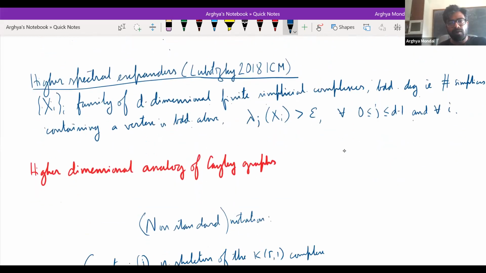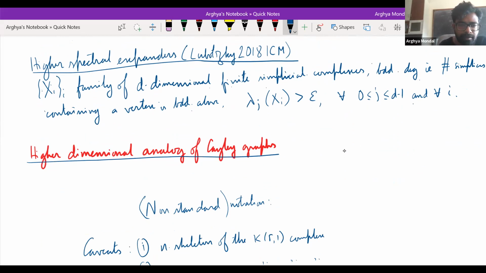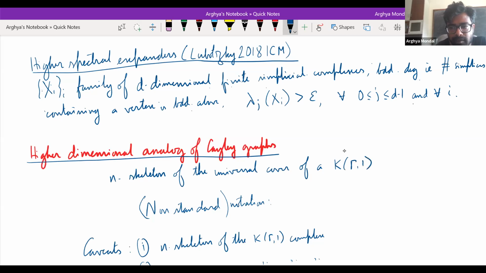And then I have to tell you what is the higher dimensional analog of Cayley graphs. So this again presents itself from the way I formulated the alternate definition of Cayley graphs. So this is just consider the n-skeleton of the universal cover of a K(gamma, 1) complex.